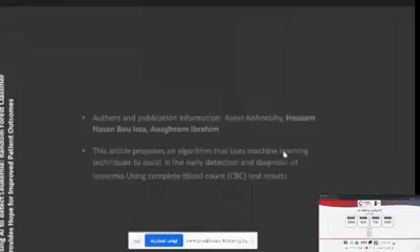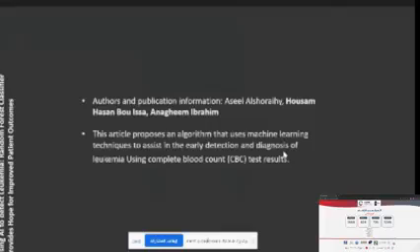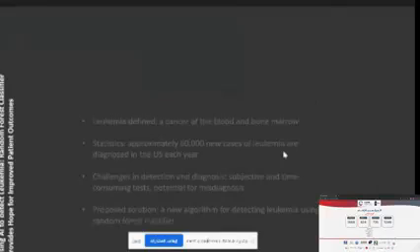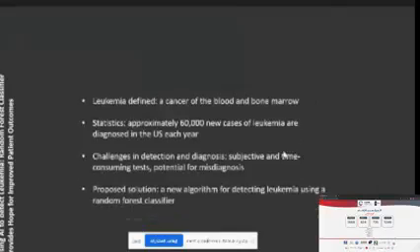First of all, this article proposes an algorithm that uses machine learning techniques to assist in earlier detection and diagnosis of leukemia using the complete blood count (CBC) test results. I'll give you an overview about this.